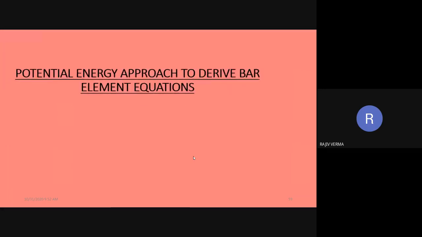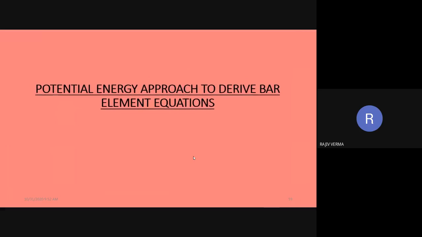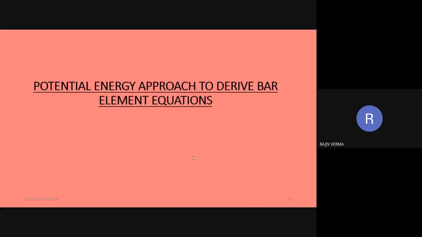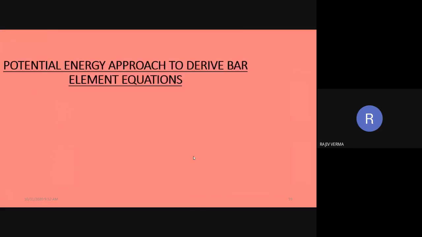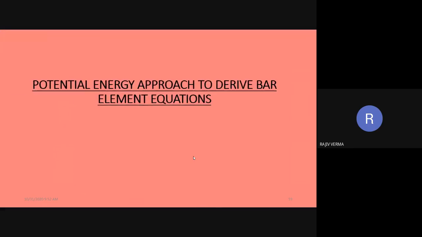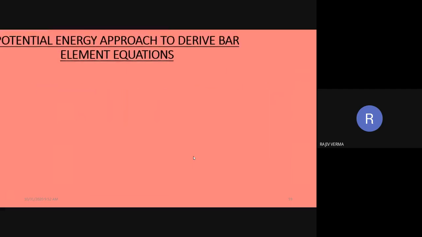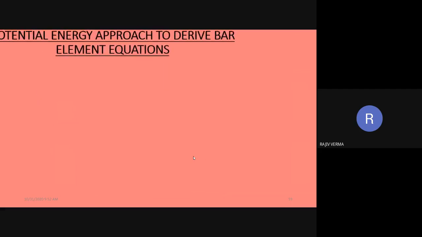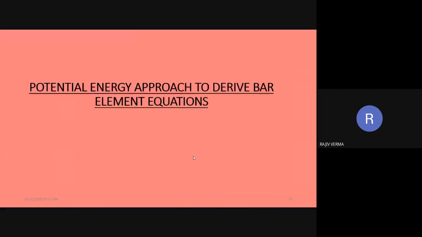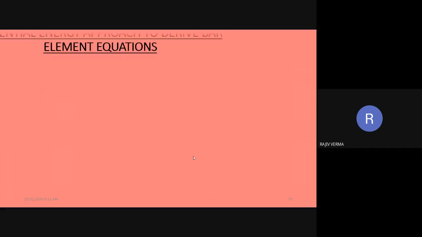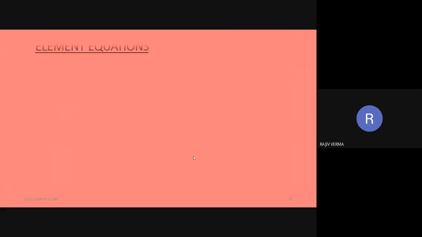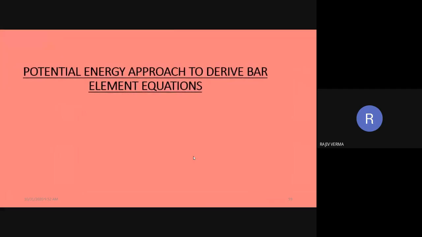Now, this particular example is also going to serve as an illustration of the process which is going to be followed when you are dealing with the plane stress and plane strain cases, axisymmetric cases, and the three-dimensional cases. What is also going to be new for you is that we are going to do the entire formulation using the matrix approach also.